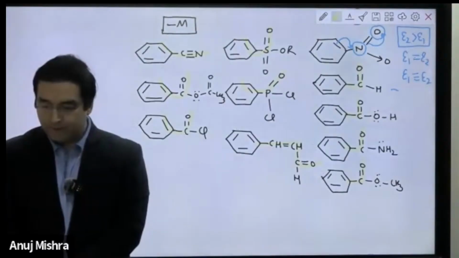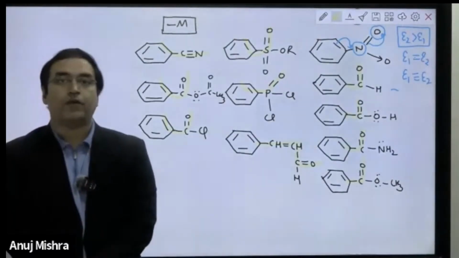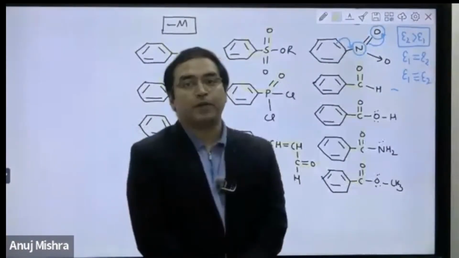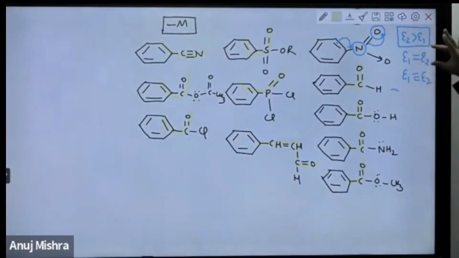Chinmay, is it okay? Niharika, Adya? Very good. So I hope this part is pretty much clear to all of us. In all these cases, we have E1, E2 double bond or E1, E2 triple bond, where E2 is more electronegative than E1. This is always going to be a minus M group, a puller.